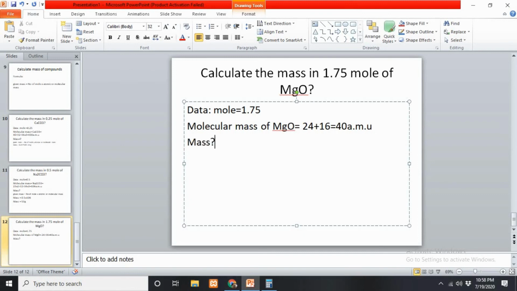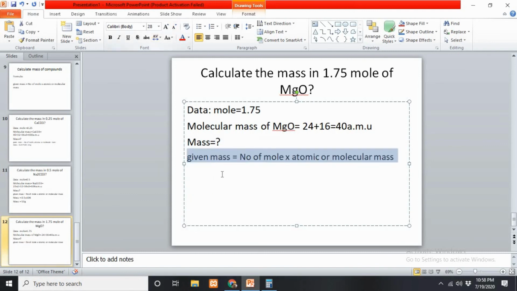What we have to calculate is the mass of MgO. I am again going to paste the formula, and the next thing you have to do is mass is equal to number of moles, 1.75, into molecular mass, 40.